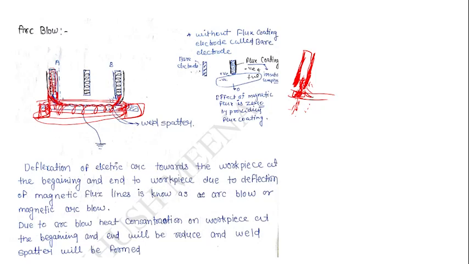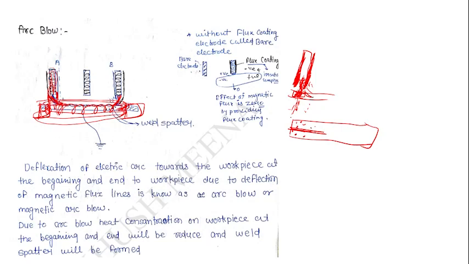So you might have seen during welding there are some droplets of the electrode or your filler material present on your workpiece, not at the welded joint. That is called spatter. That is a defect of welding.